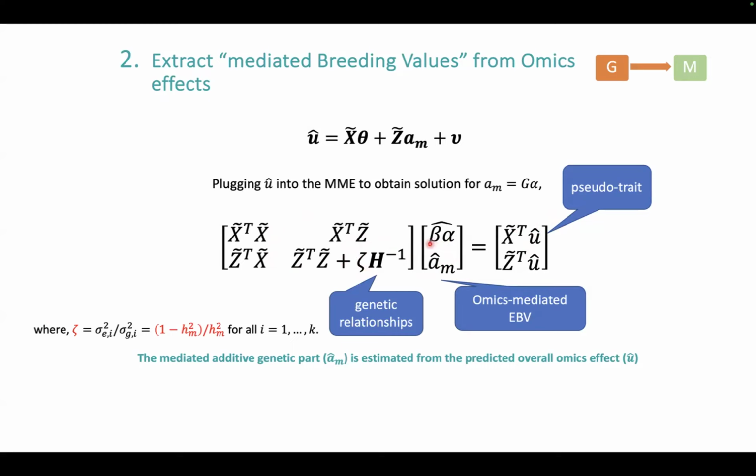And from here, you infer this A hat. So what is this A hat? This A hat is finally, from the part that is explained by omics, the part that is explained by genetics. So basically what we are doing here, we take an omics prediction and we are separating the part that is genetics from the part that is non-genetics. And that was basically the missing part in all the existing theories.